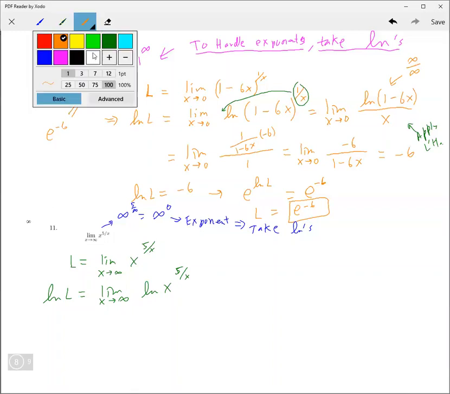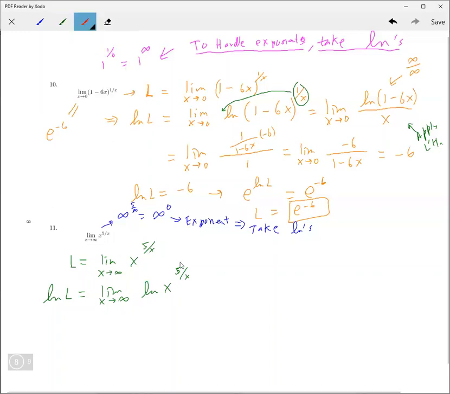And then the next step would be you want to take this out in front, right? So you end up with 5 log x over x, because the 5 over x comes out here. Now again, you have infinity over infinity as x goes to infinity. So L'Hopital's rule.